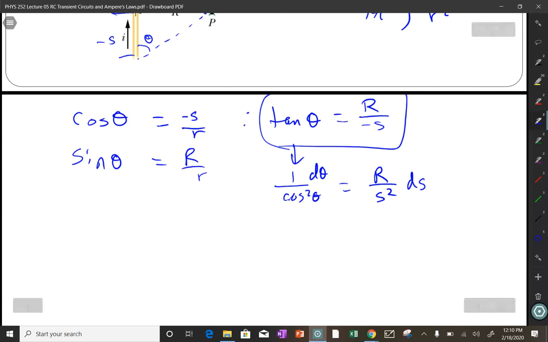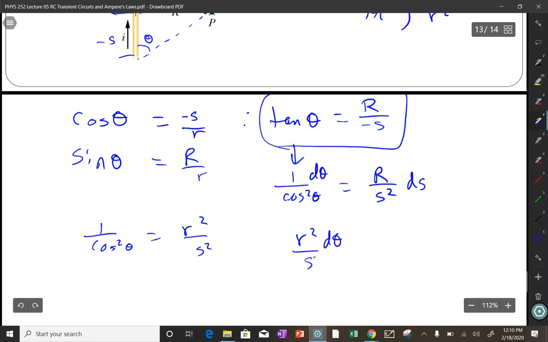And then recognizing that cosine theta is minus s over r, then 1 over cosine squared theta is equal to r squared over s squared. And so r squared d theta over s squared equals capital R ds over s squared.